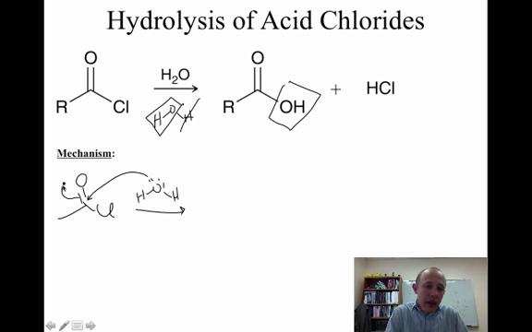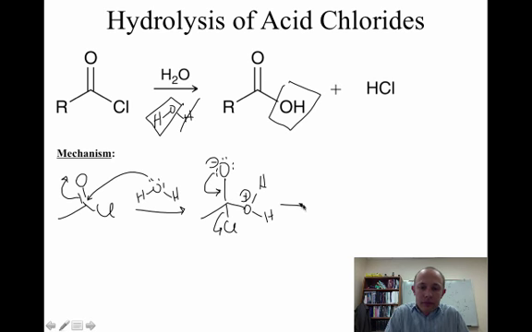Because of the high degree of reactivity of an acid chloride, water, which is generally a pretty poor nucleophile, can directly attack the acid chloride without activation to give us an intermediate that has both a negative and a positive charge. To get rid of those charges, this molecule is going to want to kick out that chloride leaving group to give us something like this.